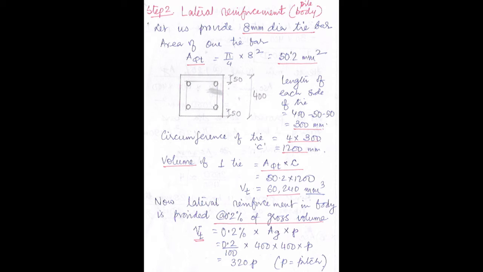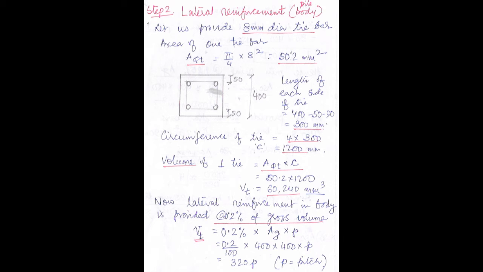I have given the number of bars is 4, correct? So, and clear cover is 50 and 50, both side clear cover. So, what will be the dimension of this one side of the tie bar? So, 400 minus 50 minus 50, that means 300. So, this is the length of each side of the tie bar.